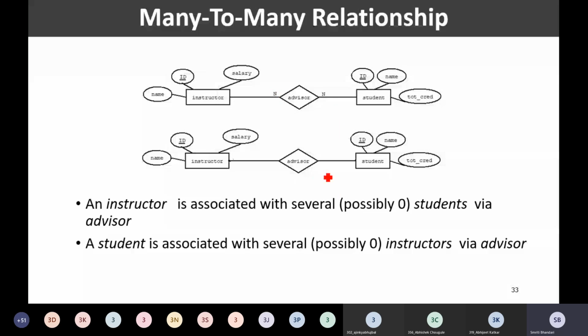So the interpretation for this relationship is that an instructor is associated with several students and a student is associated with several instructors, possibly 0, via this relationship set advisor. Got it?